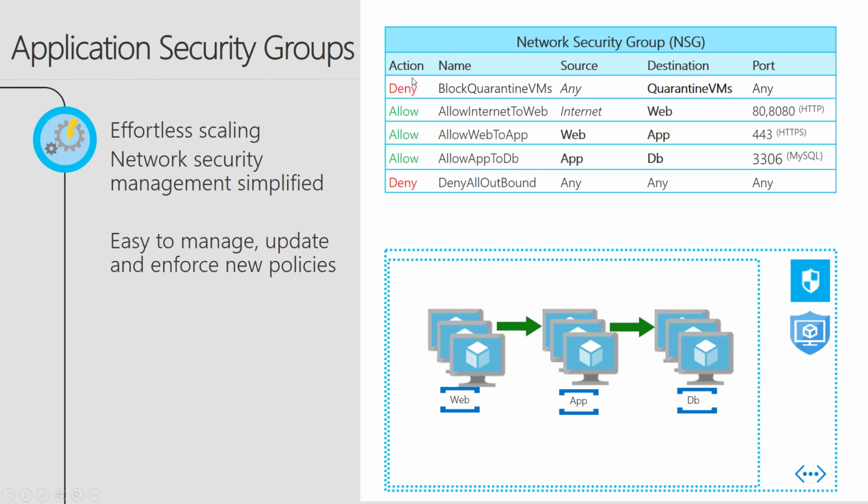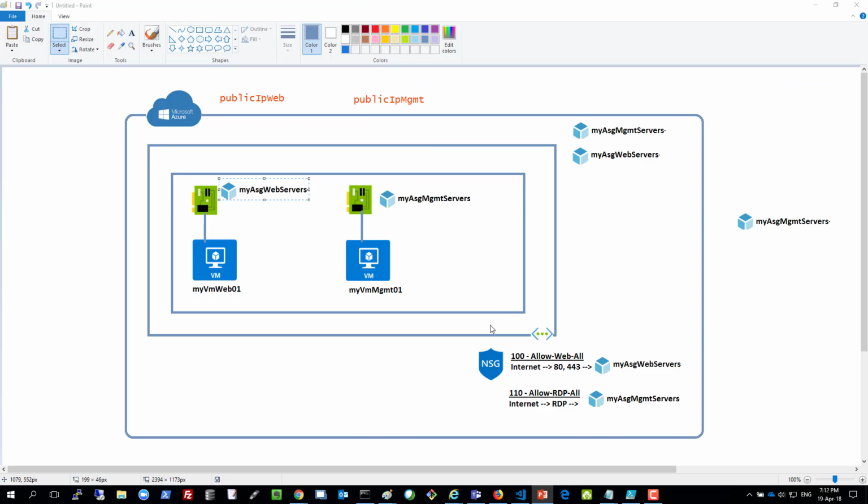Have that rule at the top of your list to say block anything that I tag with quarantine VM. Then if a security incident happens and you want to isolate a machine, you don't need to be running around changing IP addresses. Just get that machine, tag it with quarantine VMs, and it instantly loses communication. That's one of the big things with this, the way that it simplifies isolating machines during security incidents. That's a really big one for me.